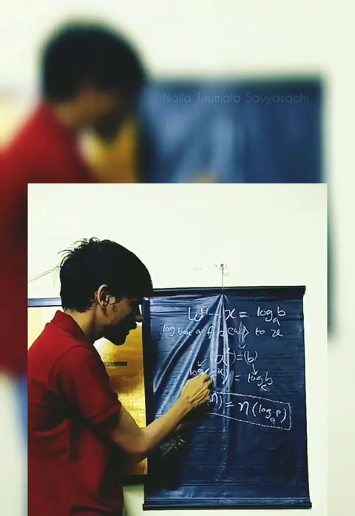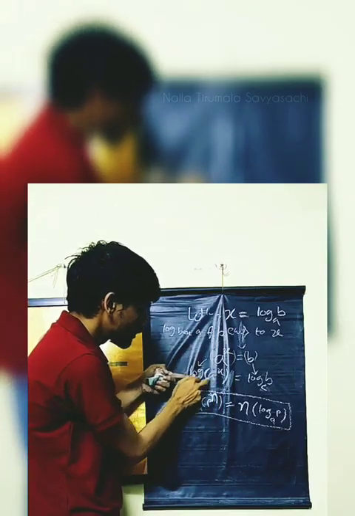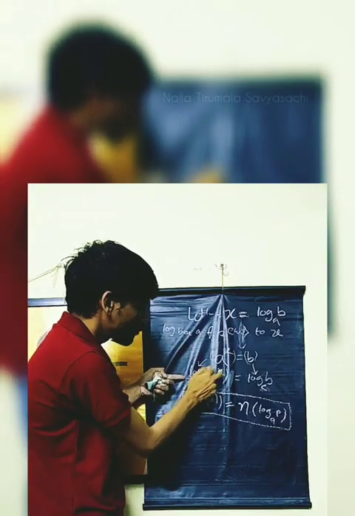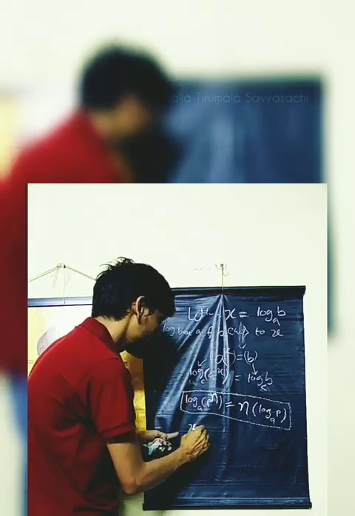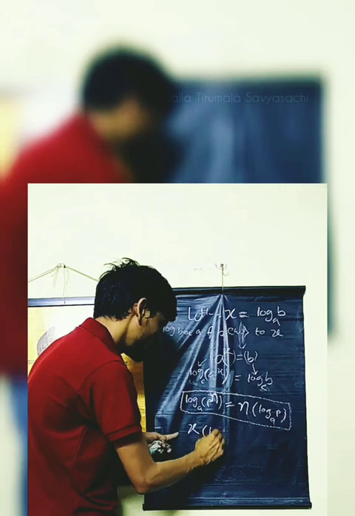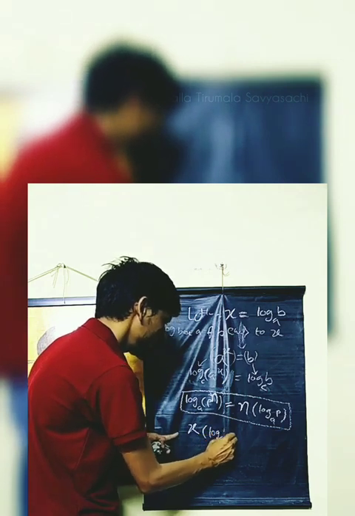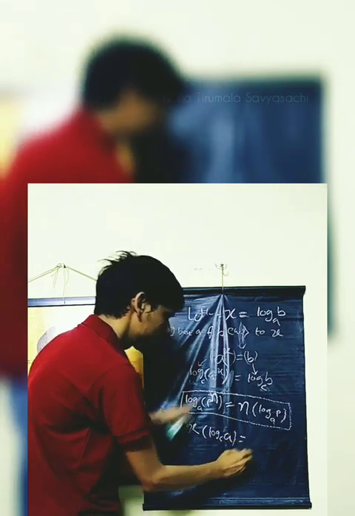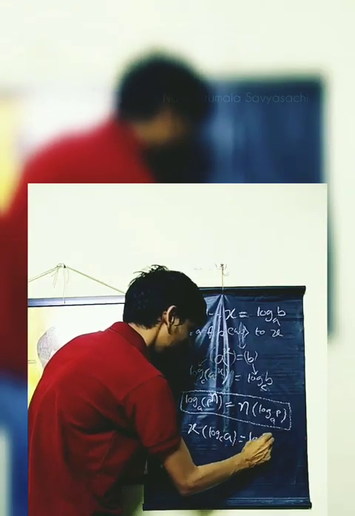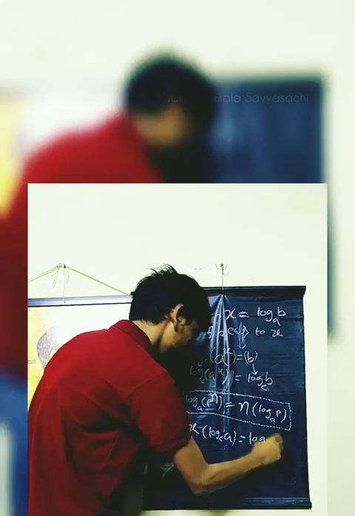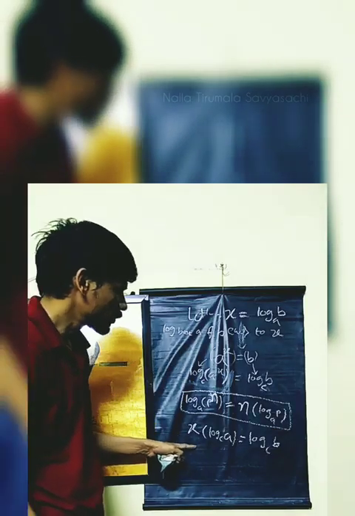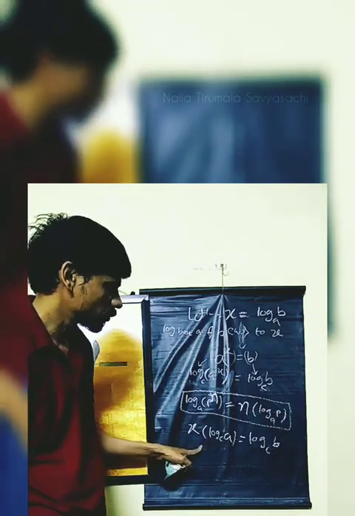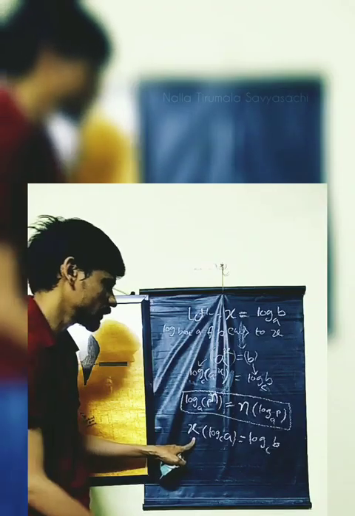This looks the same, log c of a power x. So x will come in front: x log c a equals log c b. Now our motive is to calculate the x value.